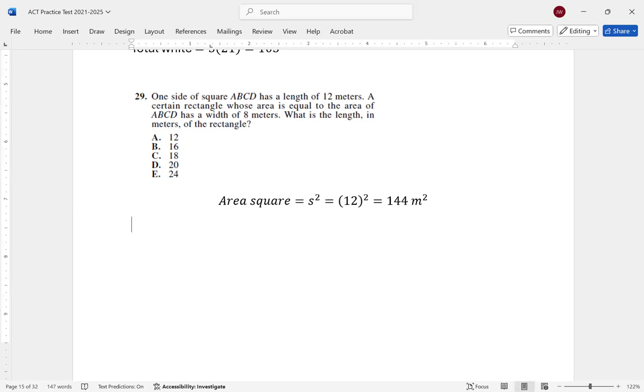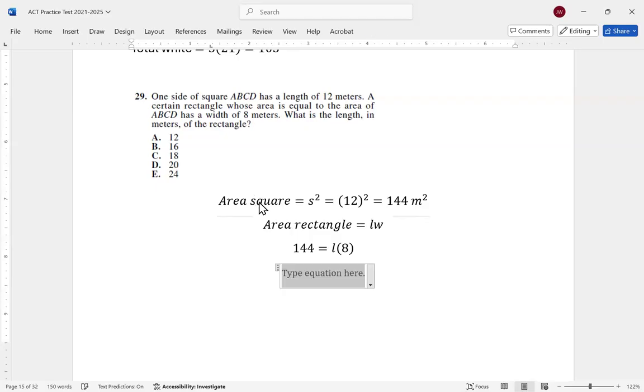All right. The area of a rectangle is going to be the length of the rectangle times the width of the rectangle. Doesn't matter which way you write that, but area of a rectangle is length times width. It says that the area of the rectangle we're talking about is the same as the area of the square. So that's going to be 144 square meters. It also says that the width of the rectangle is 8.